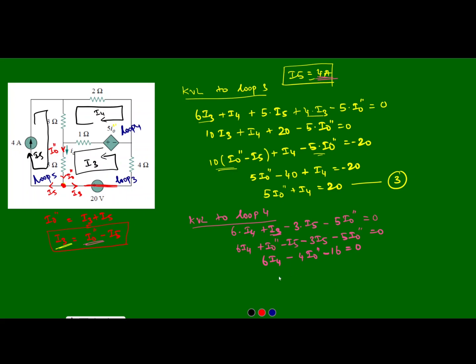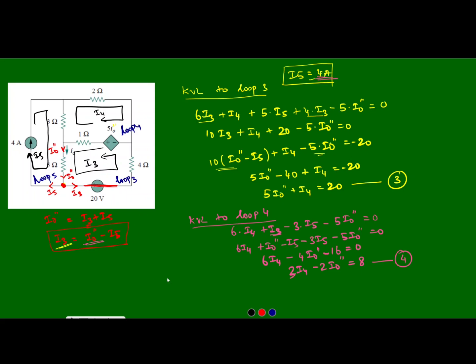On simplification we can write 2I4, when we divide this equation by 2 on both sides the value will remain same, so 3I4 minus 2I0 double dash is equal to 8. Say this is equation number 4.